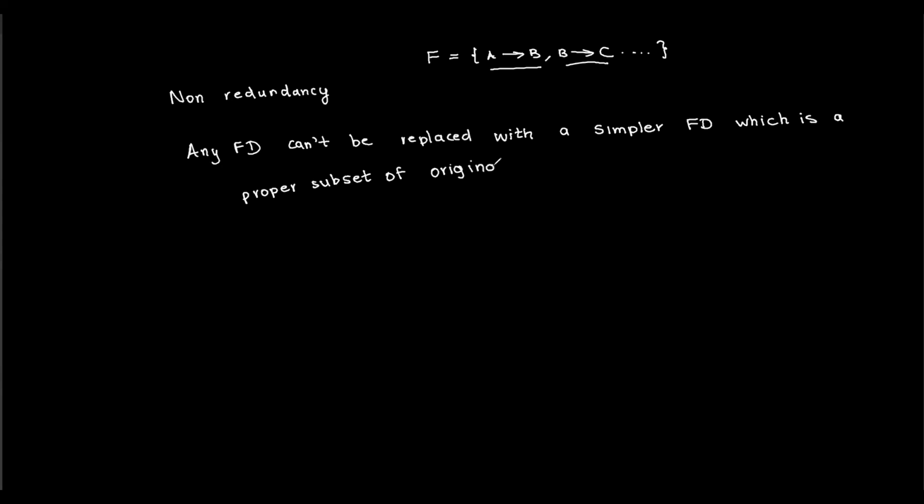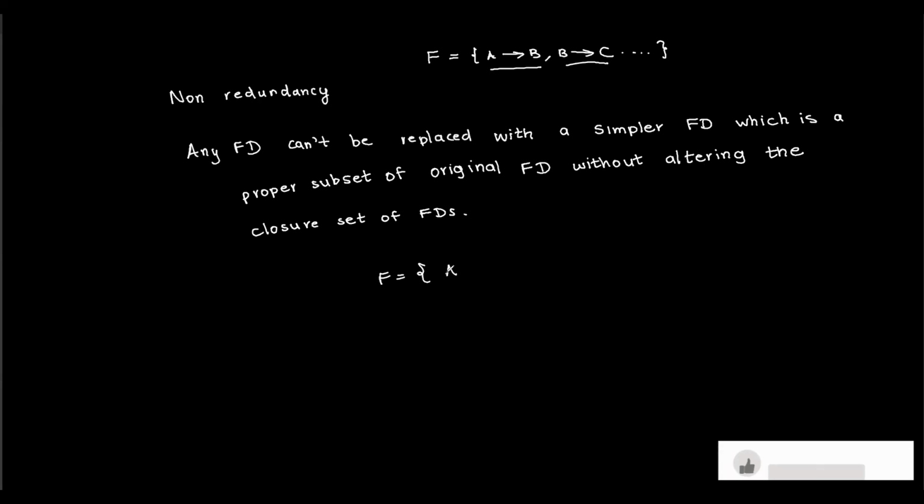Okay, how can you understand this? Well, a proper subset of the original FD without altering the closure set of FDs. That's the third characteristic. So let's say F is equal to A functionally determines BC is there.